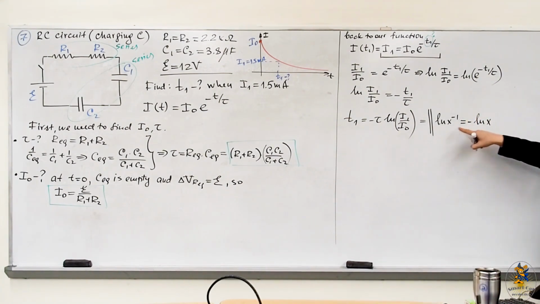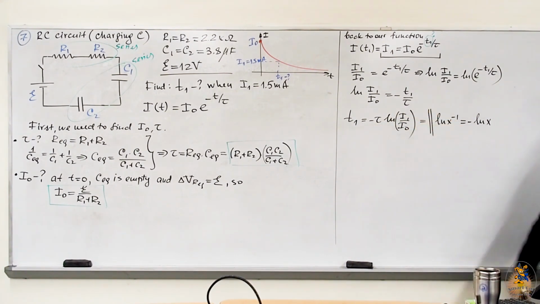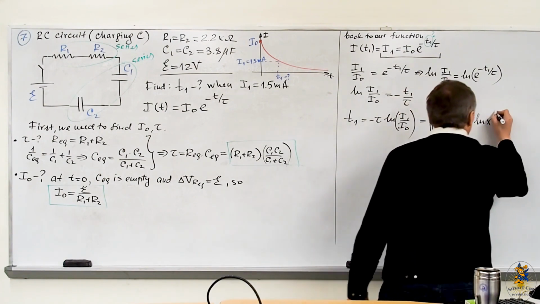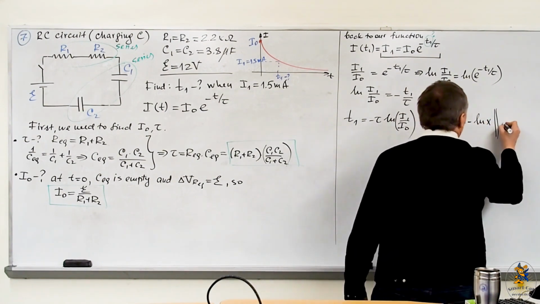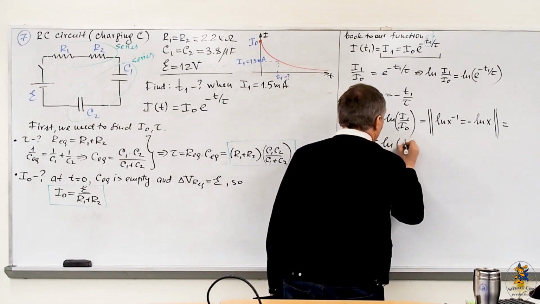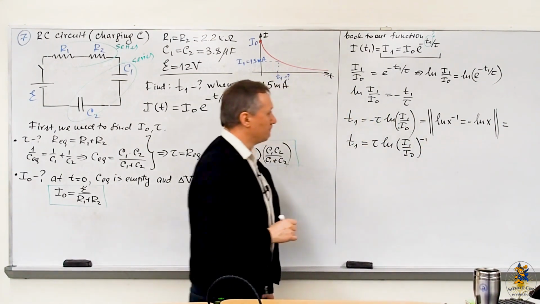And that's what we have. We have a minus in front. So we can just move it over here, to the power of minus 1, onto I1 over I naught. You remember that? Natural log properties. So that's what I'm planning to use. It will be T1 equals tau natural log of I1 over I naught to the power of minus 1.